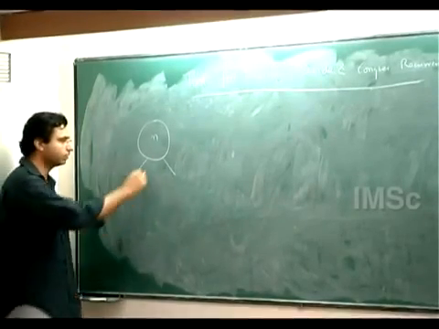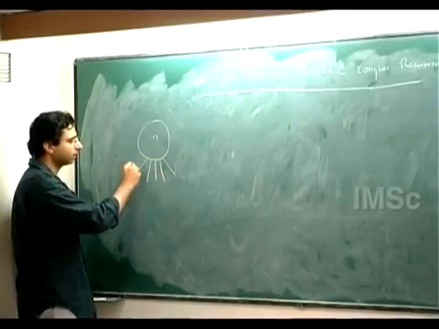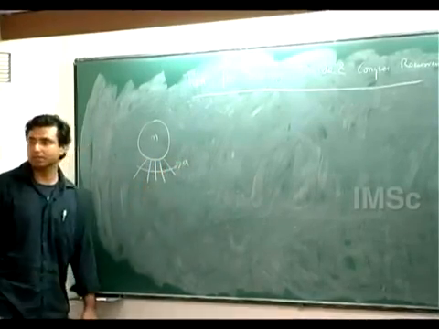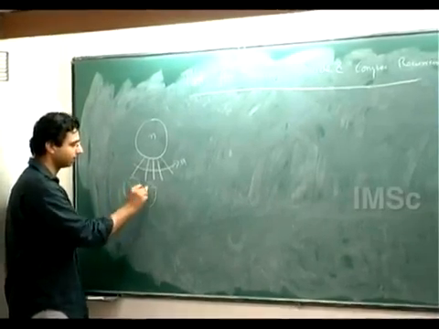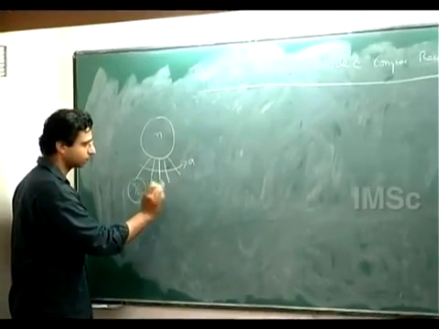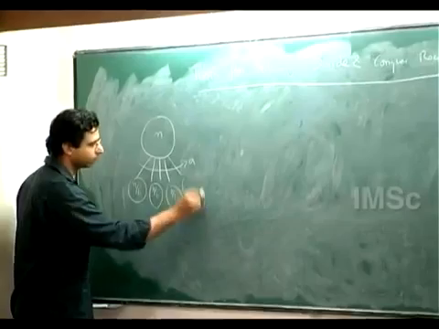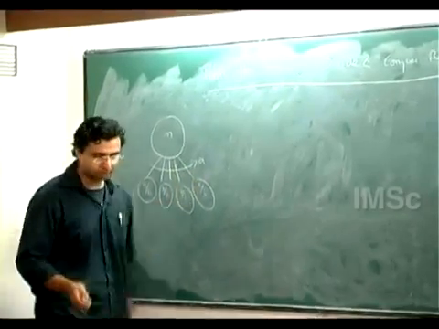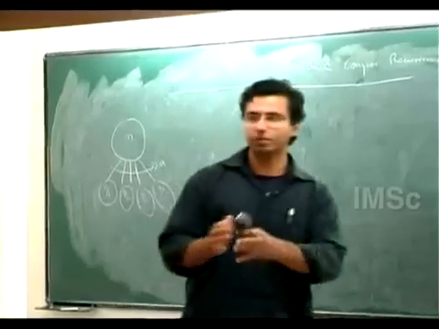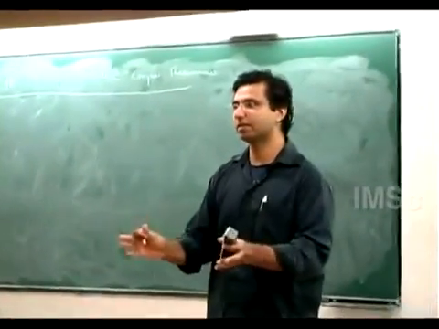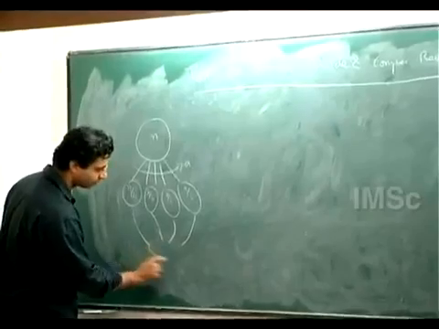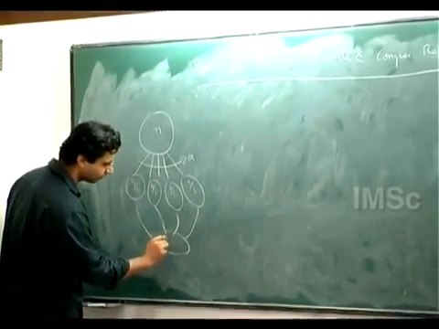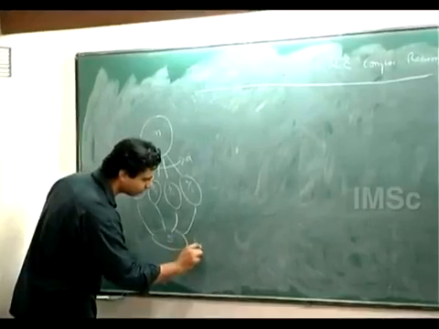But in general we split it into, say, a parts, and each of them is of size roughly n by b. We recursively solve these a parts, and we combine the solutions. This is the merge phase, to get the complete solution for the problem.